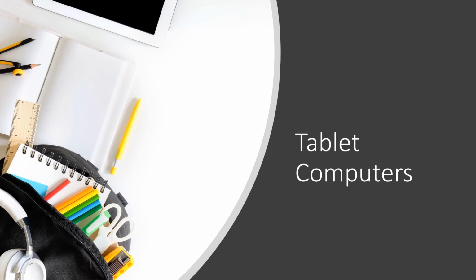Tablet computers are smaller versions of a laptop, but larger versions of phones. The vast majority are iOS or Android. We're talking about iPads and the Samsung Galaxy tablets. Mobile operating systems offer a closed software ecosystem.